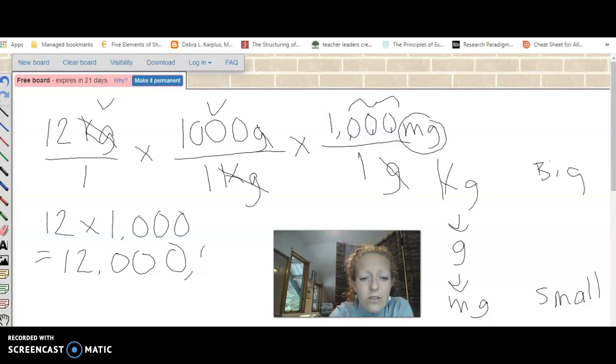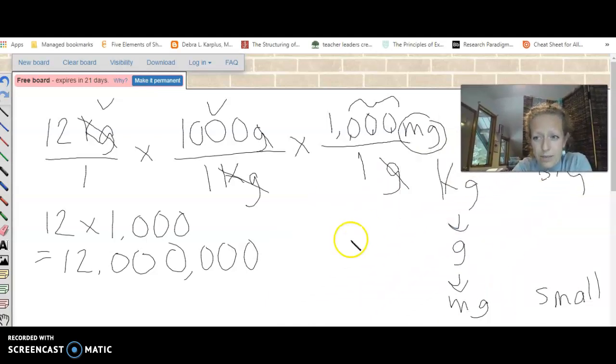I'm just going to add those 3 zeros. And that's correct. Wow, that is a really big number. What do I end up with? This is 12 million. Wow. So there are 12 million milligrams in 12 kilograms.